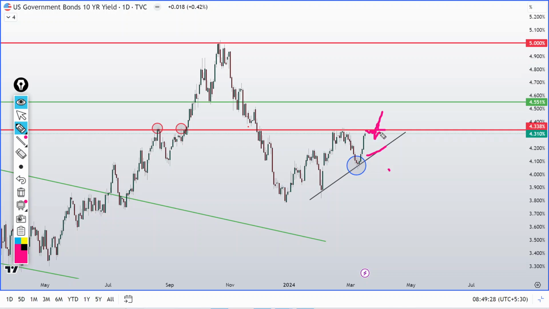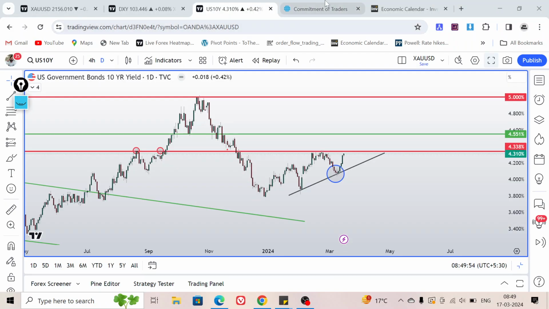If we see some confirmation to the downside, then that is also going to be in gold bull's favor. And if we see a breakout and the yield sustains above this level, then we can say that the current correction cycle on gold can extend. So this is the scenario on the US 10-year bond yield chart.